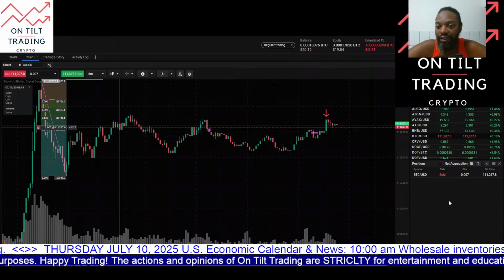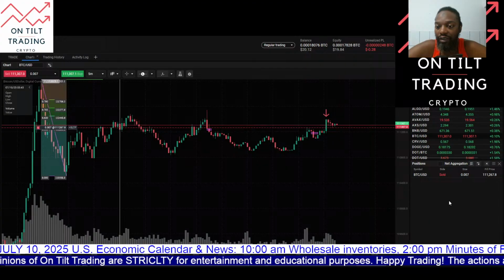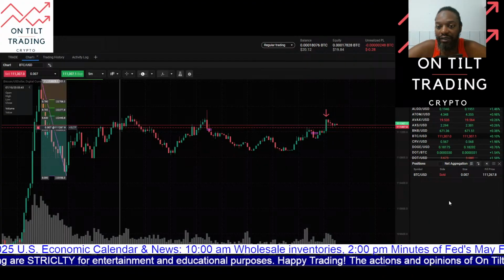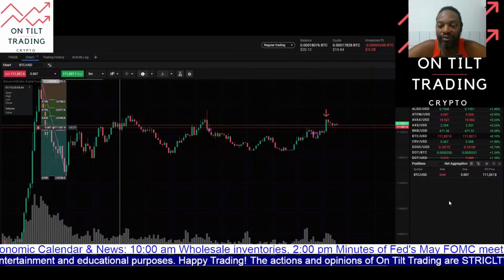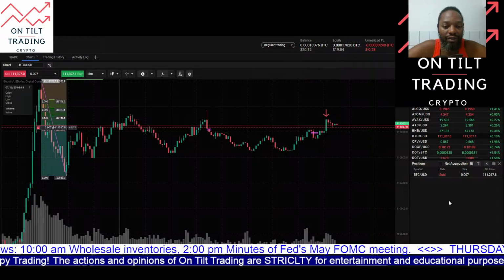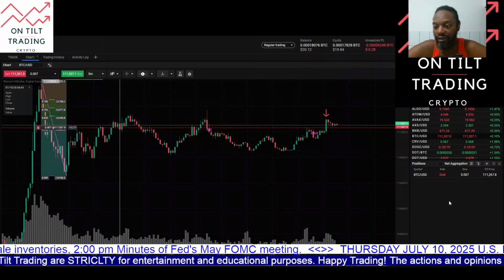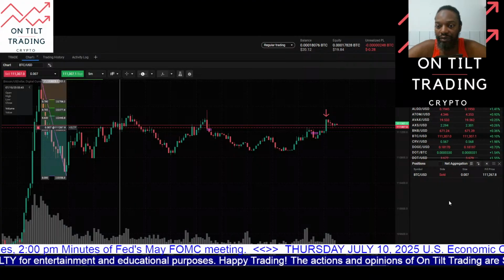This seems to be the overall consolidation, or at least out of this consolidation here, this 111,300 level seems to be the level that is being traded around here during the open of the London session.